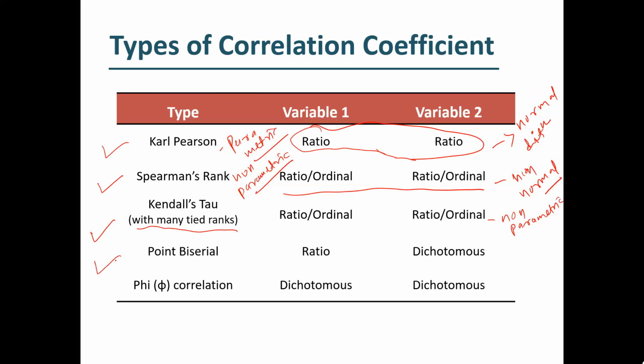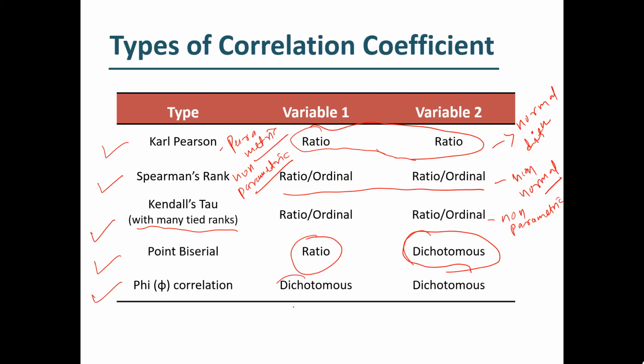Then we have the point biserial correlation coefficient. One variable is ratio scale, that means quantitative, and another variable is dichotomous. That means you have a nominal variable with only two categories. Then we perform point biserial correlation analysis.